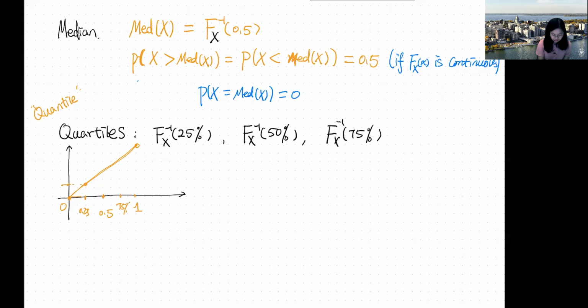So this is the first quartile, and the second quartile, and this is the third quartile. So there are 3 of them.